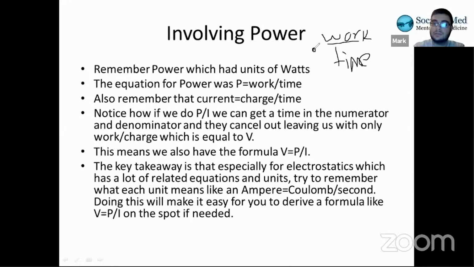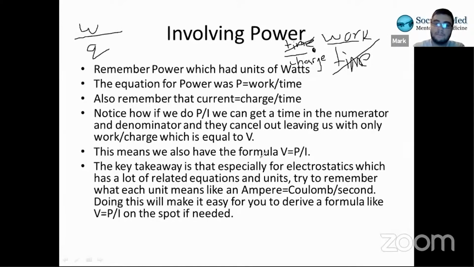And you remember that when you divide a fraction, you just multiply and flip it. So it's now time over charge. Now look, time and time cancel out when you multiply these, and you're just left with work over charge, which is W over Q.